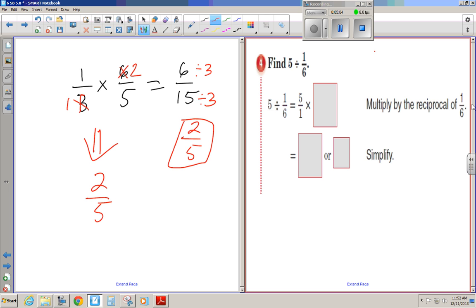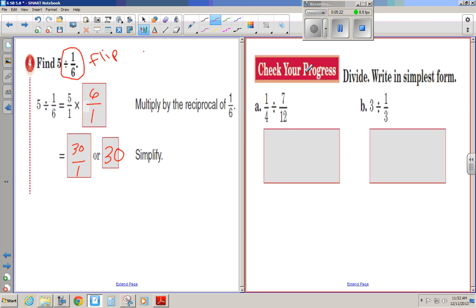Multiply by the reciprocal of 1/6. Well, the reciprocal is flipping this to 6/1, which becomes 30/1, or simply 30. So that's multiplying by a reciprocal.